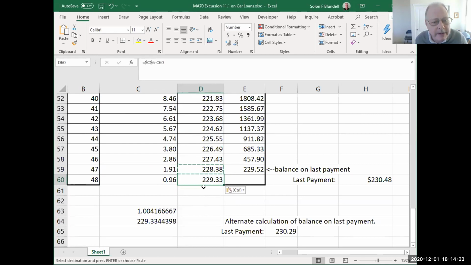And so this much of your payment went to the principal. And what that means is you still owed them 19 cents at the end.